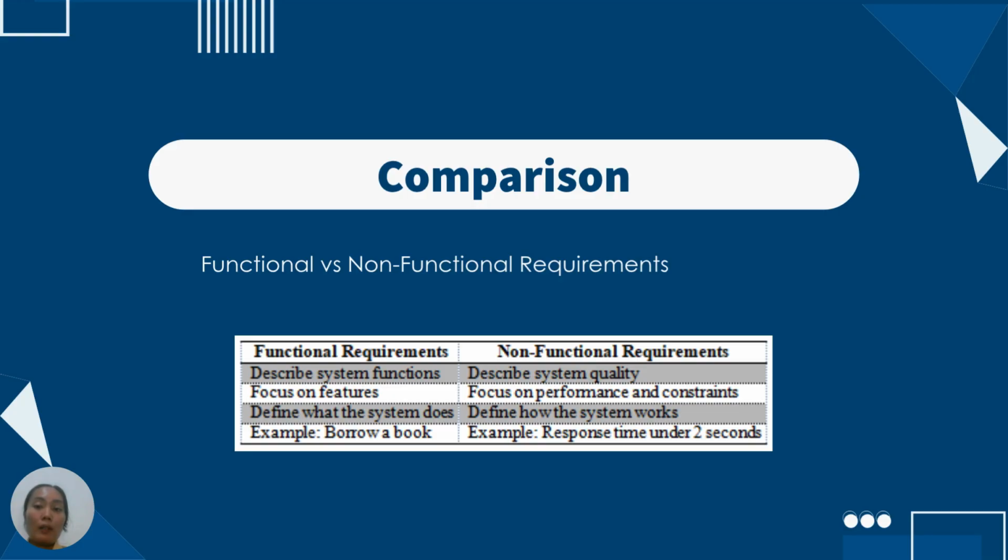For example, borrowing a book is a functional requirement because it is a system feature. On the other hand, responding within 2 seconds is a non-functional requirement because it describes performance, like the example response time under 2 seconds.